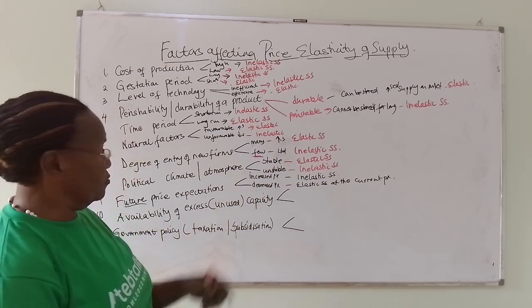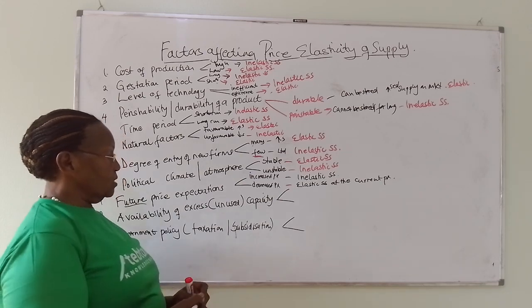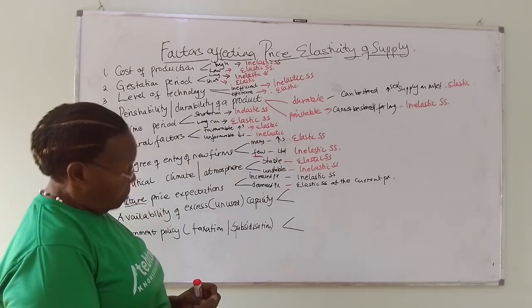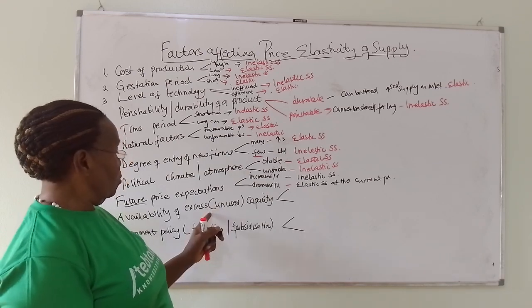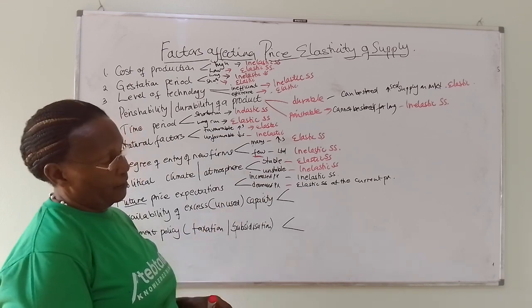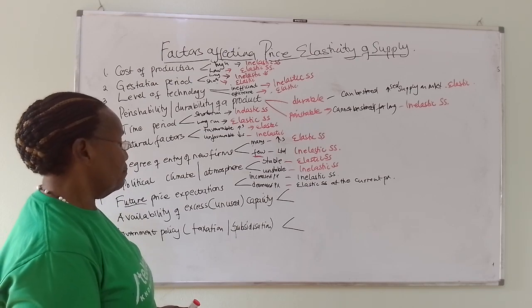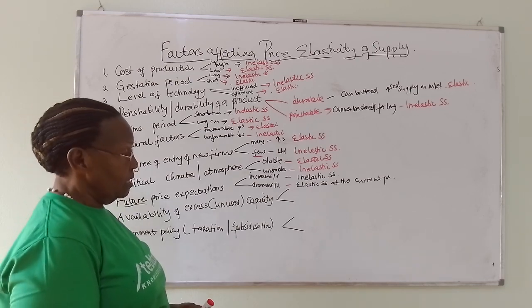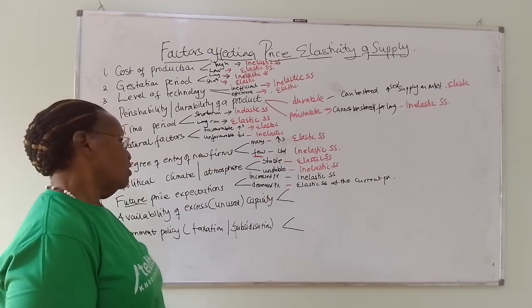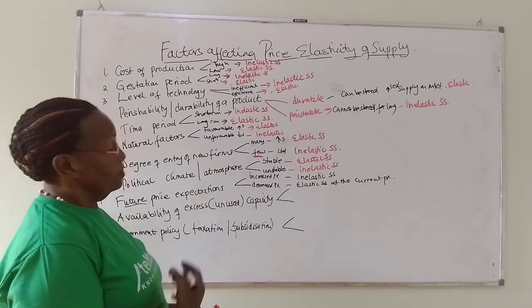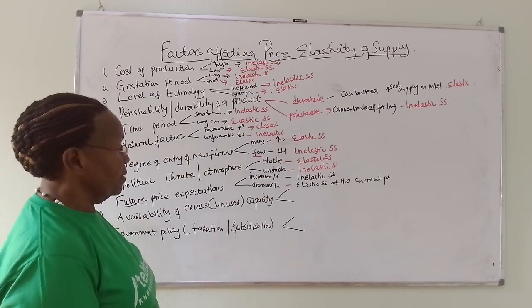Then availability of excess capacity. That is when you have more land that is idle. That idle land is what we call excess capacity, unused land. And you find that the prices of beans are increasing. Beans mature within a short period of time, 3 months, and you're harvesting. You can utilize that land, plant more beans, and increase the supply of beans.